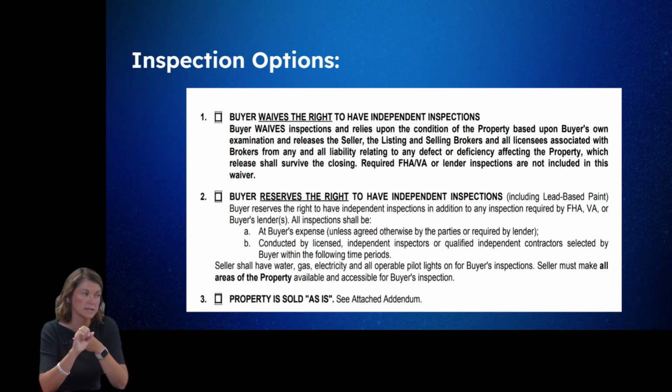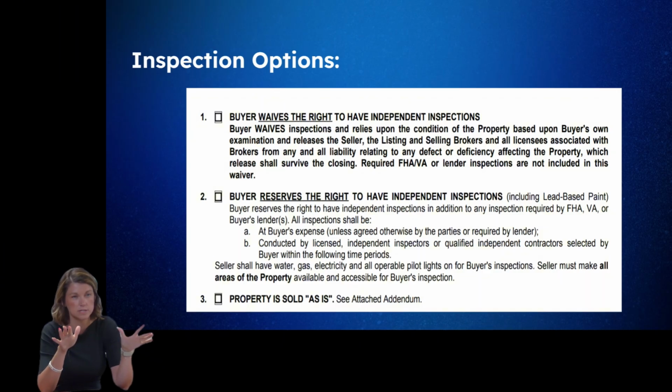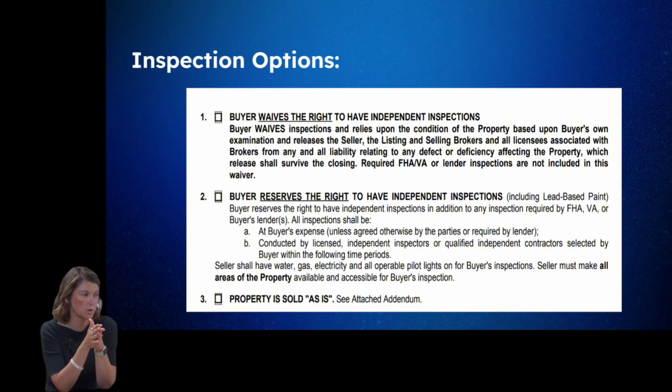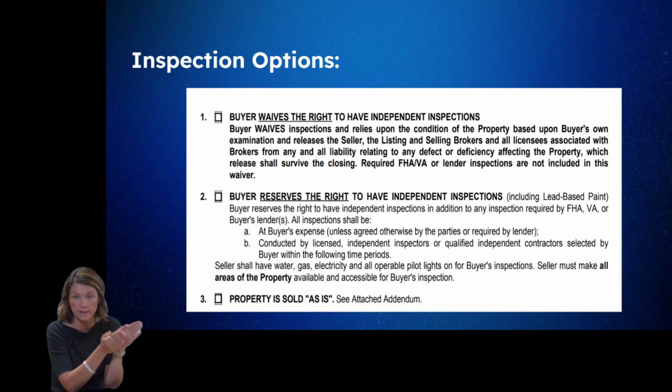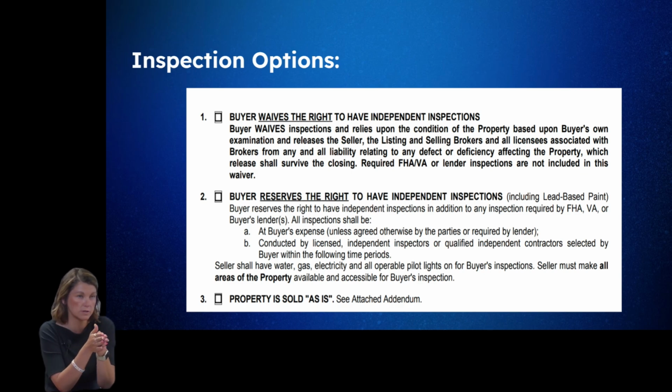That also means a septic inspection on any required properties in our county. Septic and our water test are both required no matter what. So even if you waive, the county is still going to make you do those 2 reports, the septic and water. And then of course the lender can require some things.